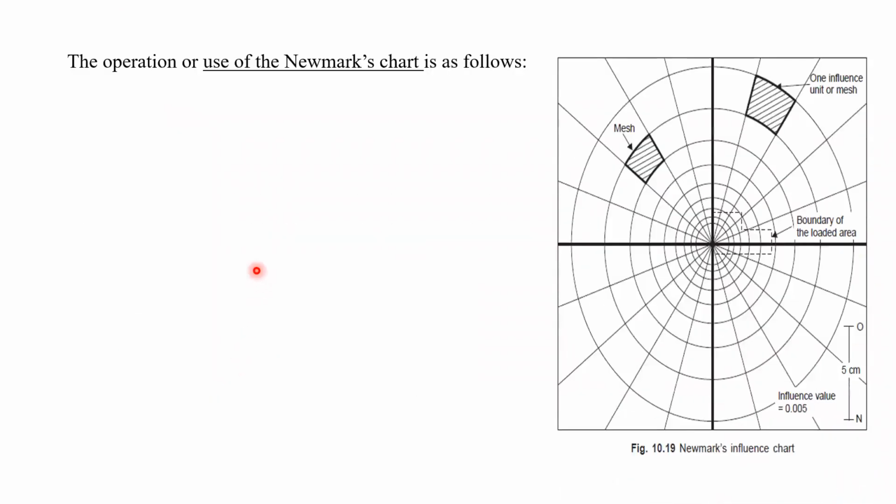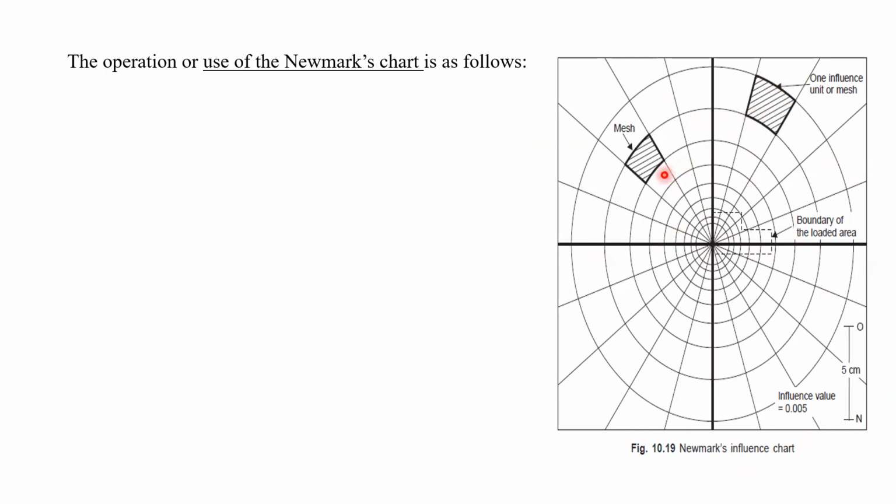Now we can see the operation or use of the Newmark chart. How can we use the Newmark chart for an irregular shape of a structure? If the structure is irregular, the footing will also be irregular. So how can we find the vertical stress due to the irregular shape of the footing using the Newmark influence chart?